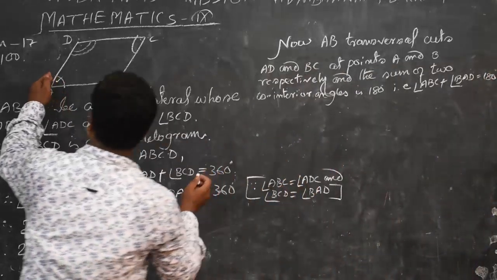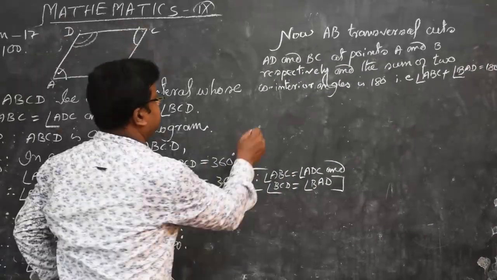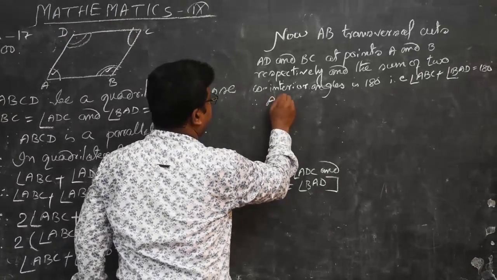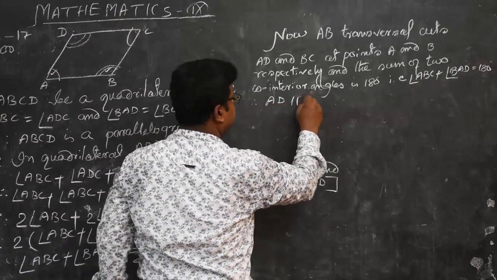So we can say AD is parallel to BC. Therefore AD parallel to BC.